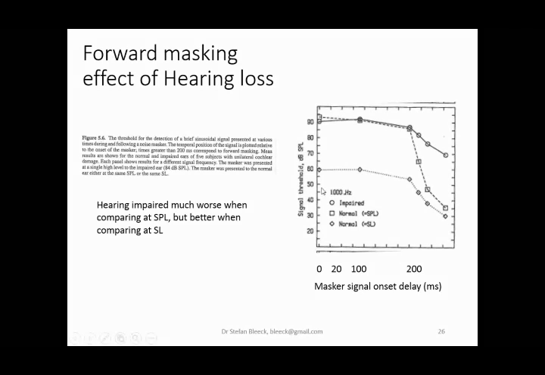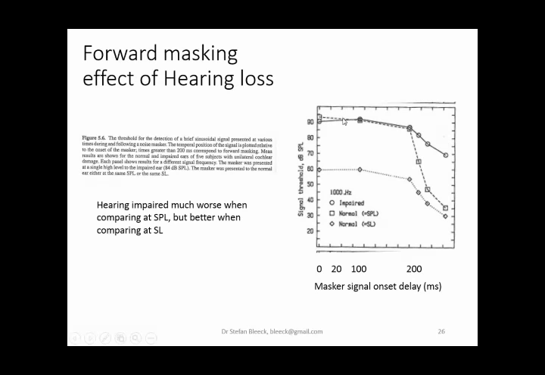If you do the same experiment at the same sensation level, you would get something like that. So the hearing impaired person would have much, sorry, I should explain it the other way around. If you do it at the same SPL, so the same level of tone, you would get the results in the square.